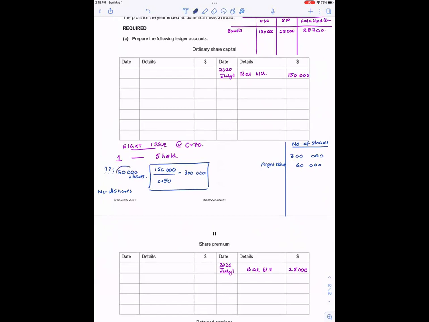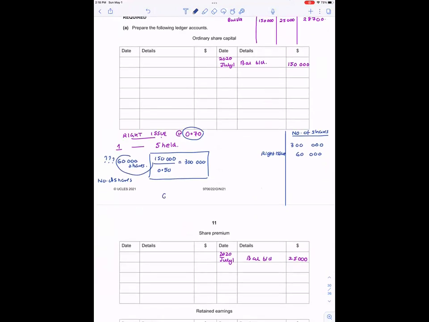60,000 shares we are going to issue at a price of 0.70. But the face value of shares is how much? 0.5. So number of shares that you're issuing multiplied by the face value will give you the ordinary share capital, and number of shares that you're issuing multiplied by the extra amount will give you the premium.